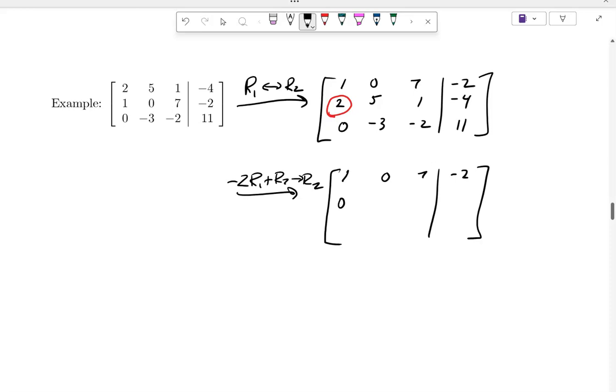Negative 2 times 0 is 0, plus 5 gives you a 5. Negative 2 times 7 gives you negative 14, plus 1 is negative 13. Negative 2 times negative 2 is 4, minus 4 gives you 0. And again, we didn't change the third row here.